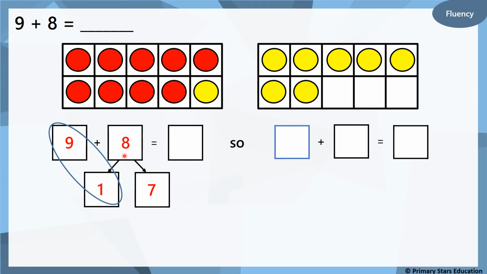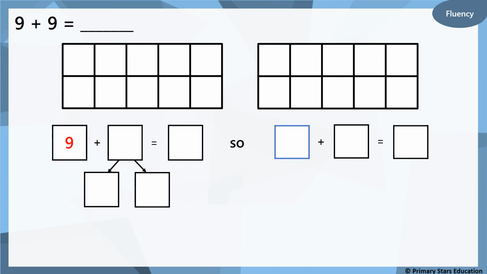So to make my 10, I had 1 and 9 equals 10. I know that there's 10 here, so 10 add 7 is 17. So we have 9 add 8 equals 17. So 10 add 7 equals 17.